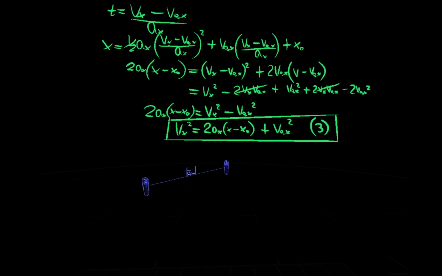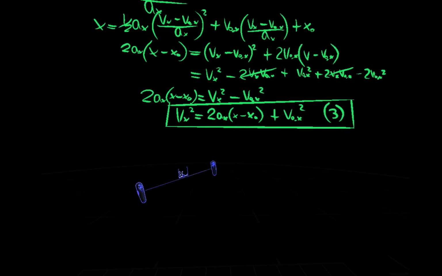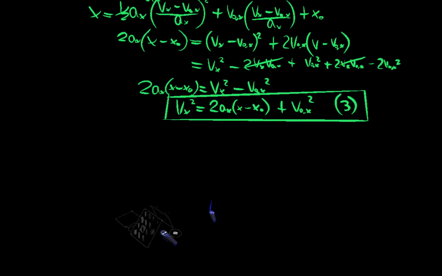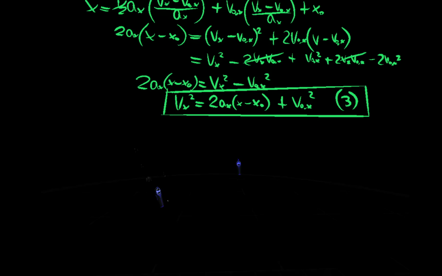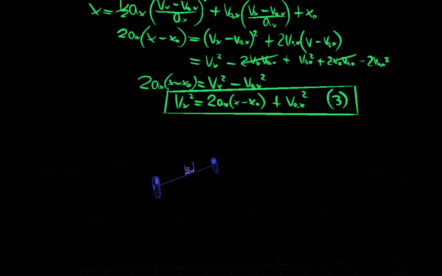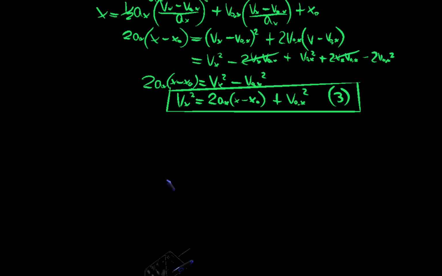Okay, so the fourth one here has no acceleration. So if the acceleration information is not given, nor do you need to solve for it, this may be your equation for the problem, if you need to do that. So we're going to start back with the two equations that we mentioned earlier.